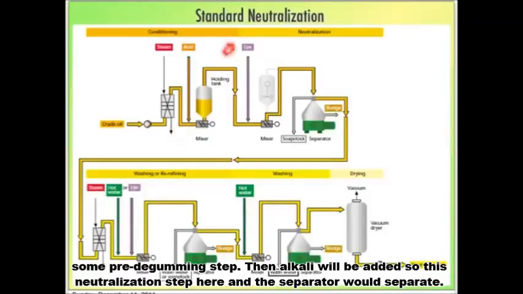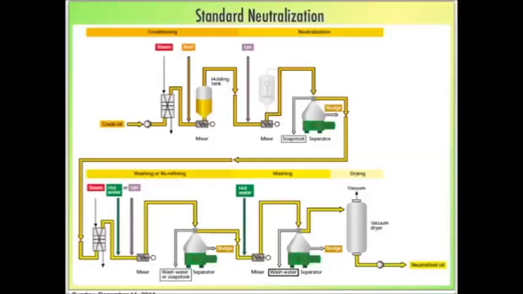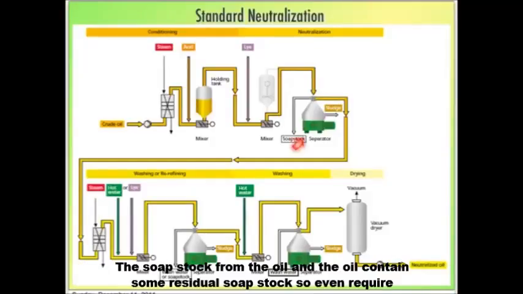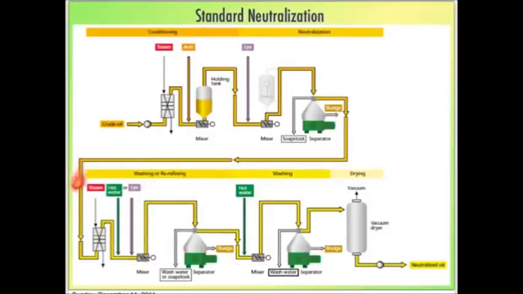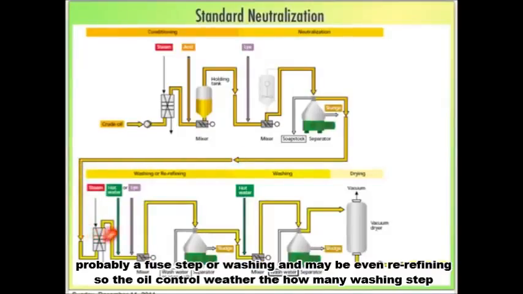Then the alkali will be added. So this is the neutralization step here, and the separator will separate the soap stock from the oil, and the oil might contain some residual soap stock, so it will probably require a few steps of washing and maybe even refining.